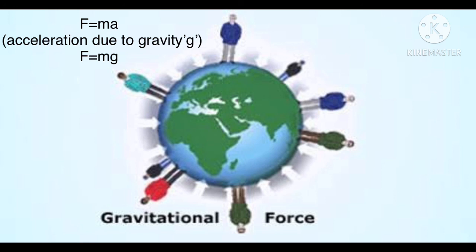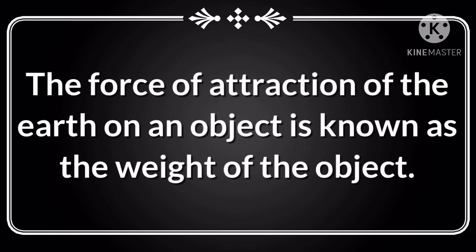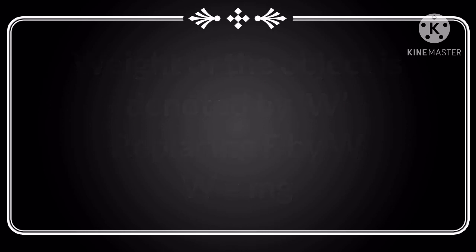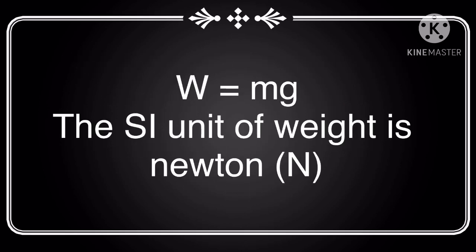That is F equals m into g. The force of attraction of the earth on an object is known as the weight of the object. It is denoted by capital letter W. Replacing F in the equation F equals m into g, we get W equals m into g. The SI unit of weight is Newton.